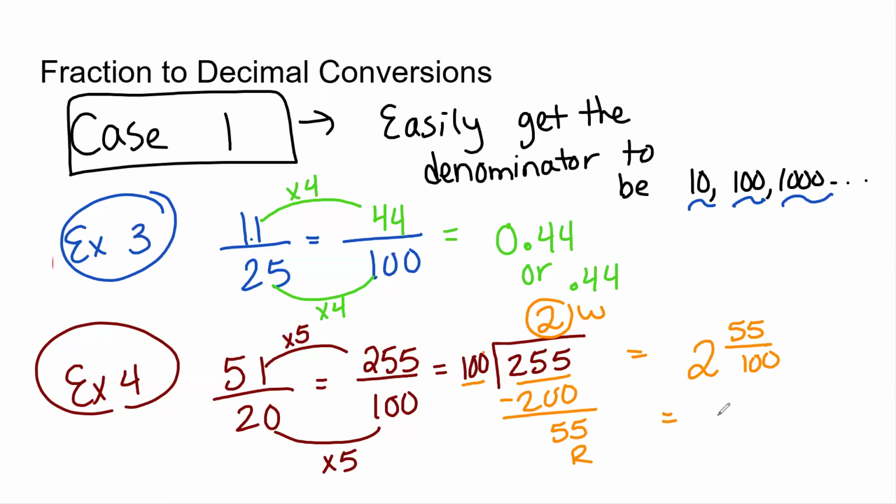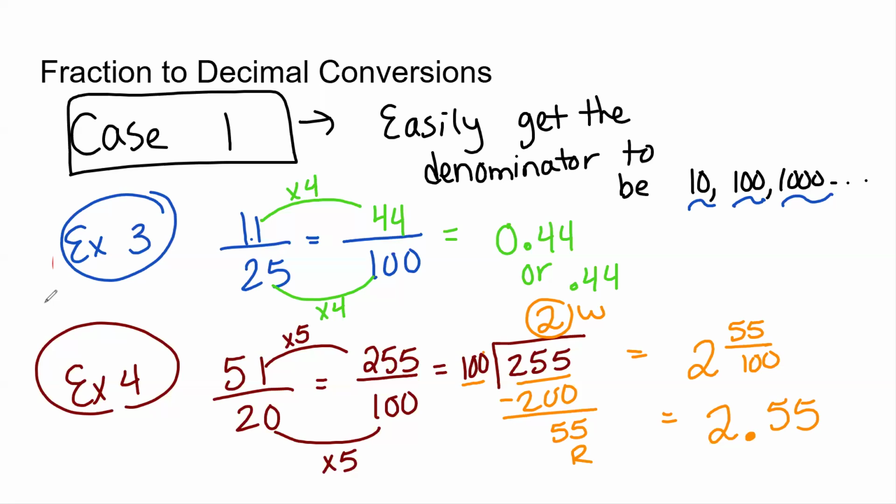And now write that as a decimal. 2 is your whole number and 55 hundredths. So it is possible to have improper fractions on these. They're a little more annoying, but you can do it. Okay, I think that's enough of case 1.